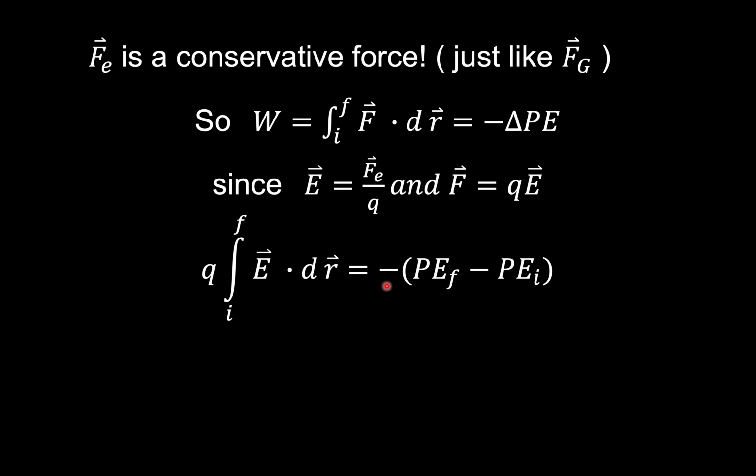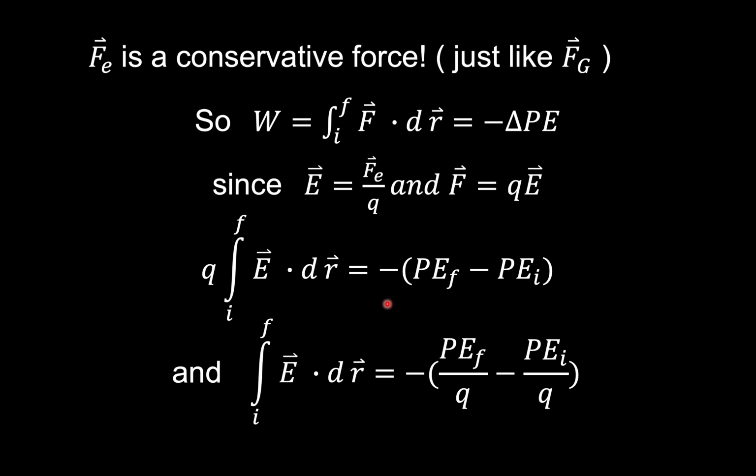And on this side, I have the negative or opposite of the change in potential energy, which I wrote out here as potential energy final minus potential energy initial. And if we divide both sides of this equation by the charge Q, like so, then we have a new and interesting form of this equation.